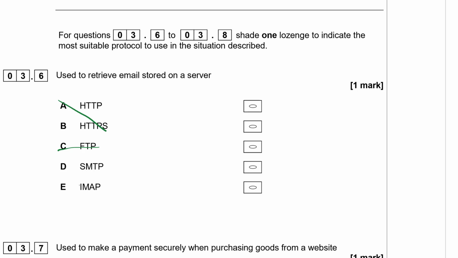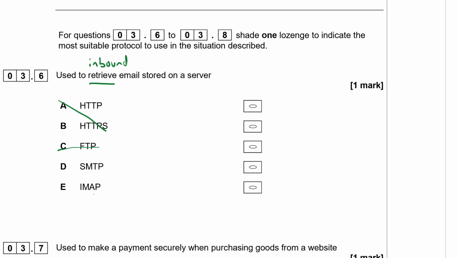And so it's between our last two, SMTP, Simple Mail Transfer Protocol, and IMAP, Internet Message Access Protocol. You've got to learn these acronyms. It takes a while to learn them, but you need to. Now, unfortunately, these two mail protocols don't tell you much. Retrieving is inbound email, so reading email.